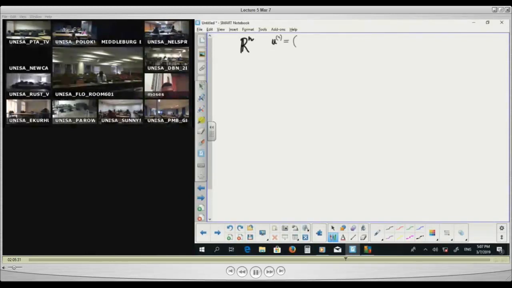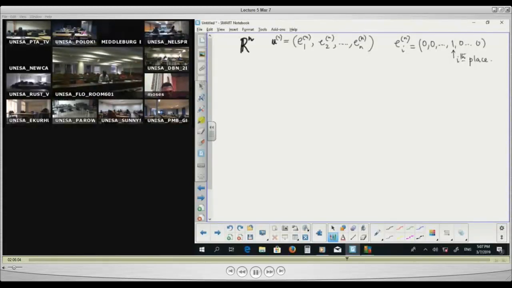And what is this? This is the n-tuple which has 1 in the ith place. So this is the usual basis, and we shall usually write this like this, U with an N.